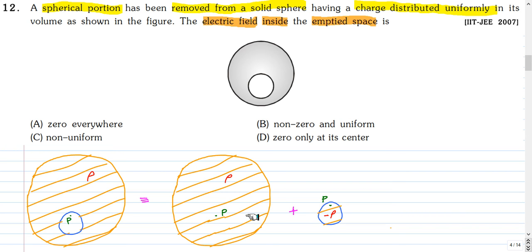So when we combine the effect of these two spheres, we get the equivalent effect of a sphere with a cavity. So to find the electric field due to this sphere with a cavity, we can find the electric field due to the combination of this bigger sphere with charge density rho and a smaller sphere with charge density minus rho. This is possible because of the superposition principle, which is applicable for electric field calculation.